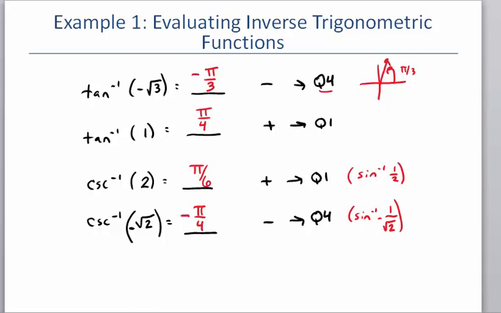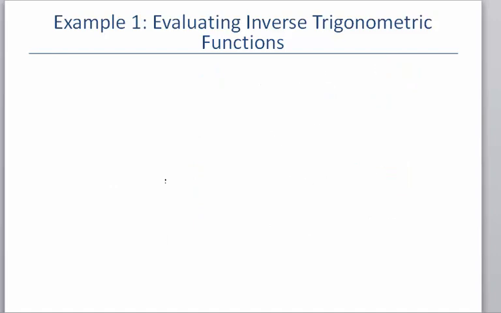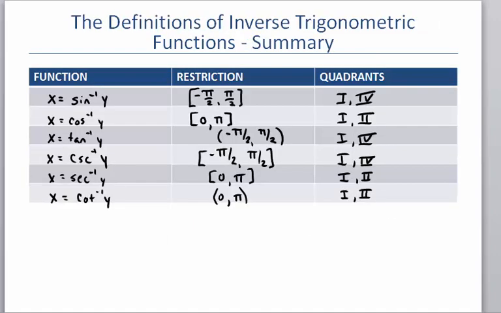Okay, so let's look now at the other three with the other type of restriction. So we'll start with a cosine. We'll take a look back, remembering that our cosine is restricted from 0 to pi, and that revolves around quadrants 1 and 2.